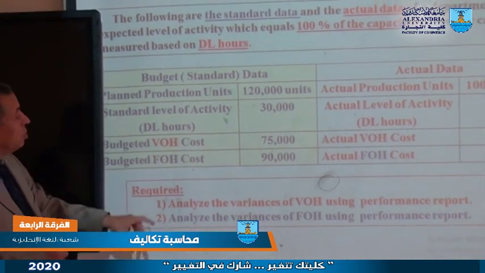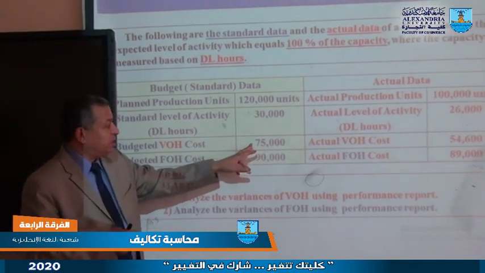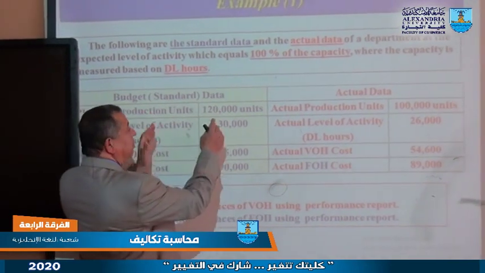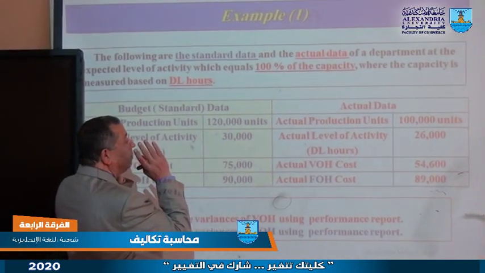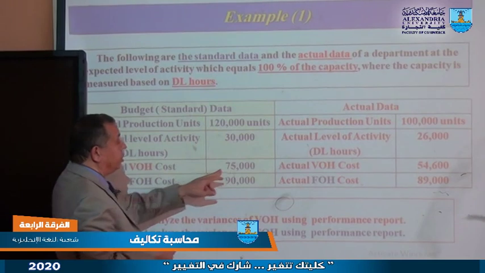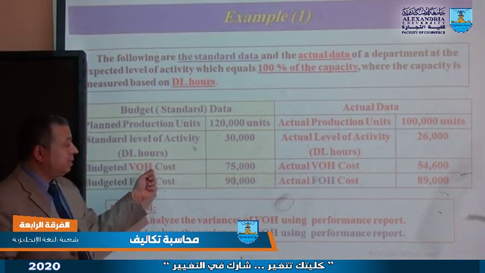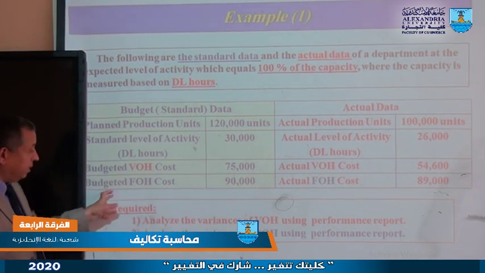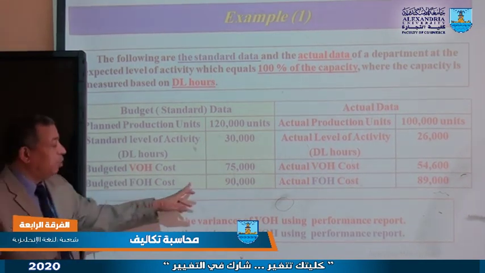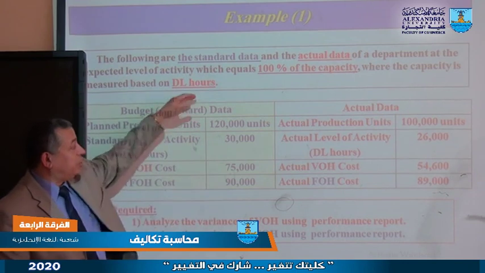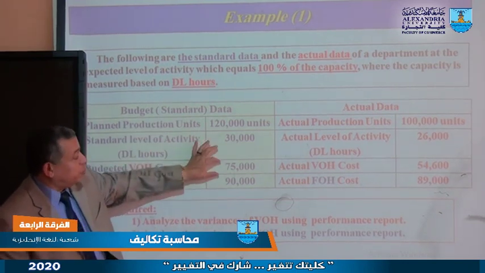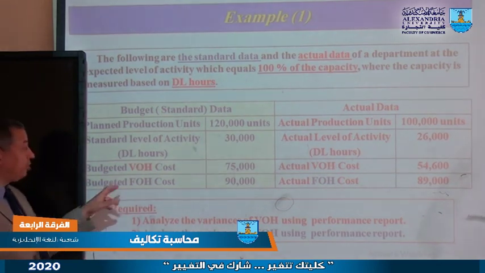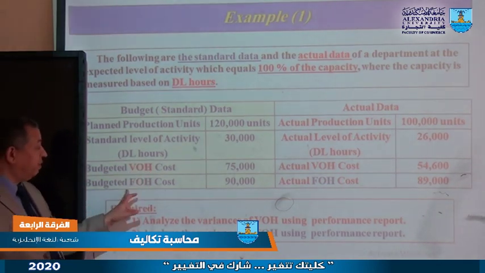Budget variable overhead is 75, and fixed overhead will be 90. My budget here separates how much is planned, or budget, or standard, variable overhead and fixed overhead.